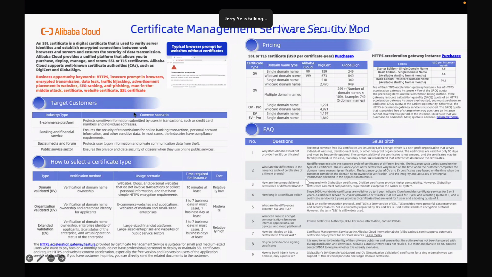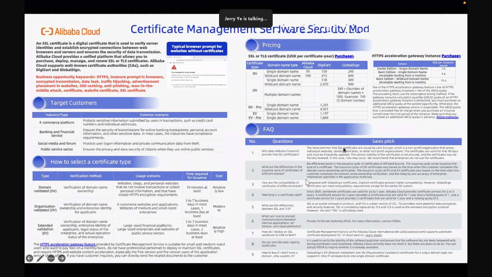So on the international side, we provide global DigiCert and GlobalSign, and we also provide Alibaba Cloud's own brand SSL or TLS certificates. Then you can check the price here. We show some prices. So the question will be: why does Alibaba Cloud not provide free SSL certificates?